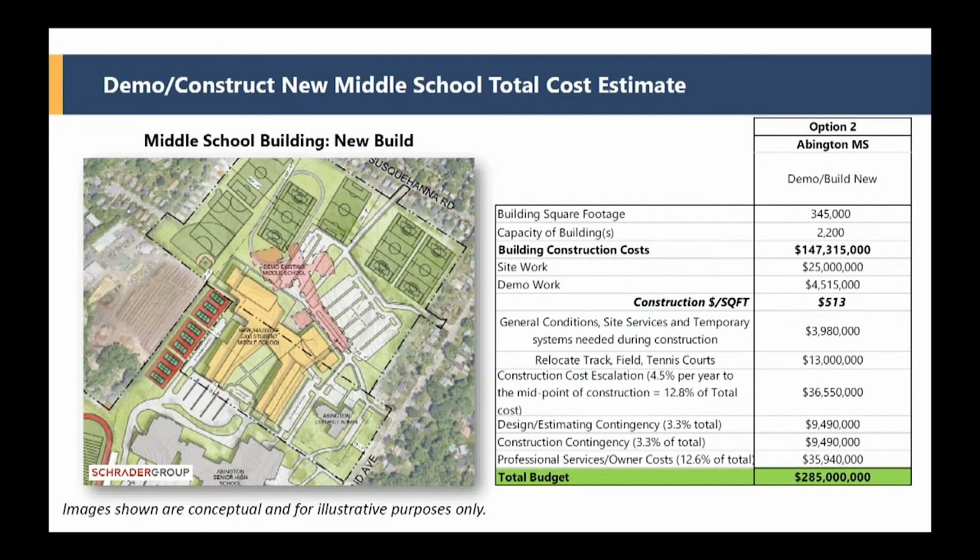The end result as we go through this process will be a true design process where we try to figure out exactly what it is that Abington School District wants for a middle school, and it will turn into a site design. All that's trying to do is to fit the square footage on the site. Two wings mean nothing. All it means is a total square footage and several stories to fit most of the zoning restrictions. So when the project evolves, you'll see this change quite a bit.